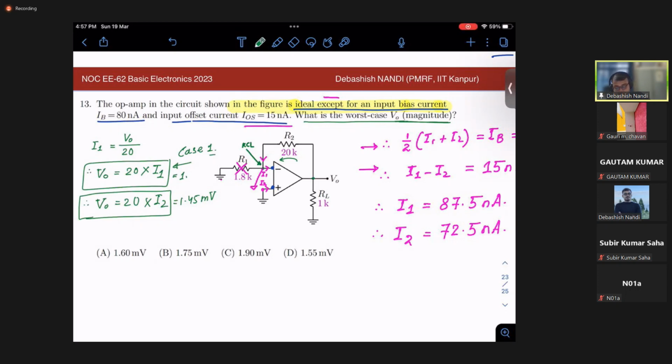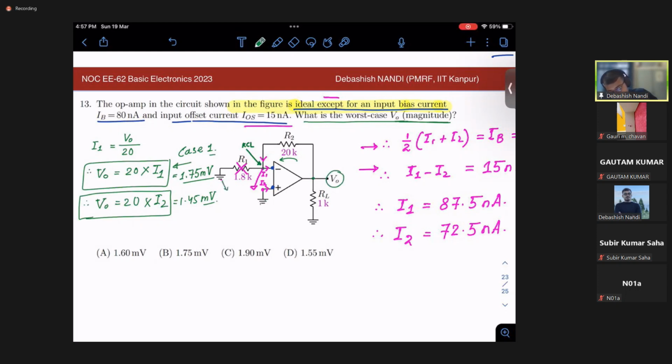Now what is the worst case? I did not apply any potential difference between them, so I would expect my V0 to be 0, right? With these terminals I was supposed to put some VI, right? My VI is 0, so an ideal amplifier should have output also 0.